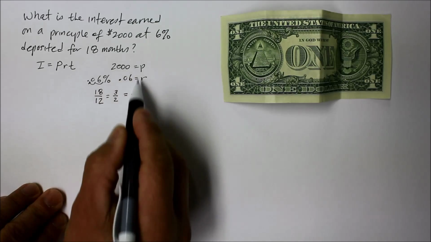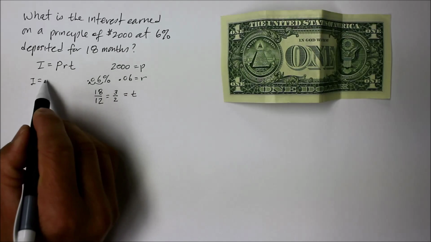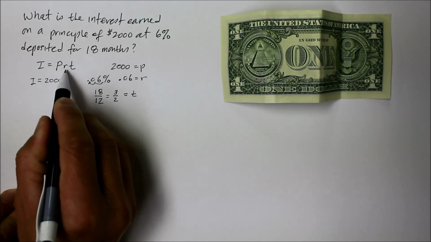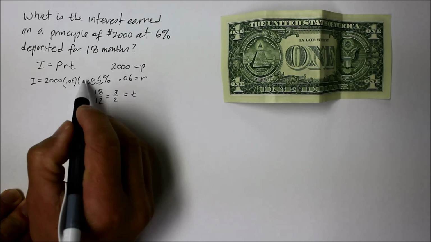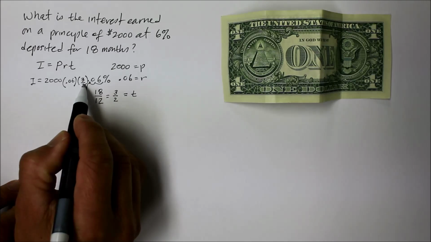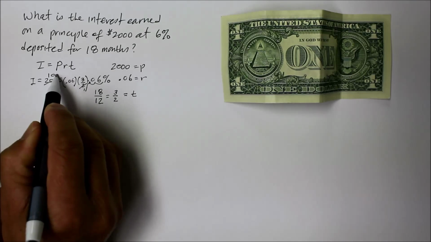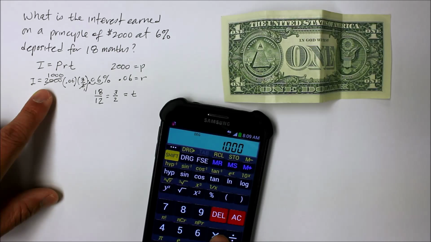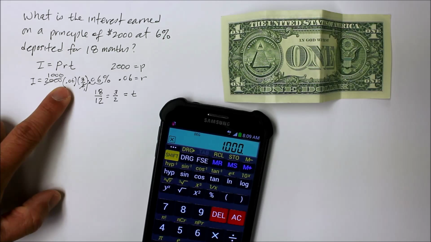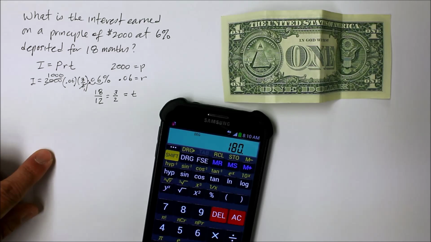So we're going to put in the numerical value for the variables here. I is equal to the principal, 2,000, times the rate, which is 0.06, times the time, which is 3 over 2. The denominator 2 goes into 2,000 1,000 times. On the calculator, 1,000 times the rate 0.06 times 3, the numerator left over, gives me 180.